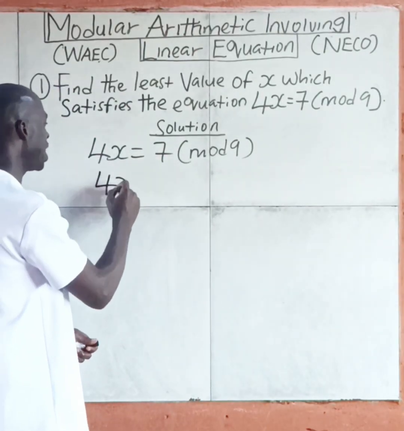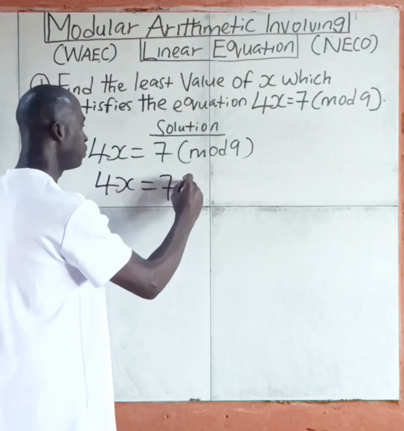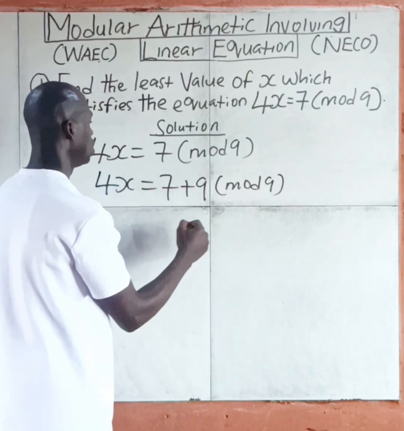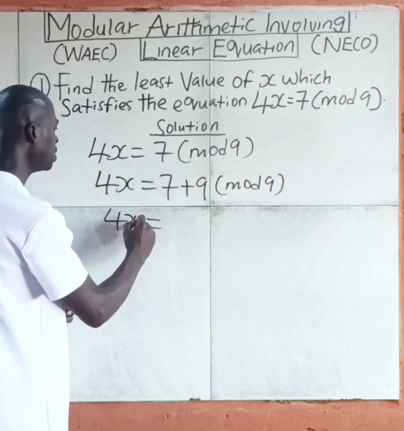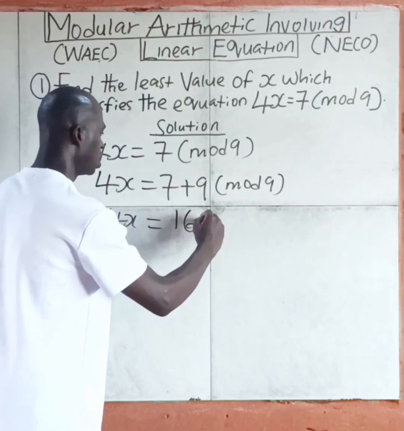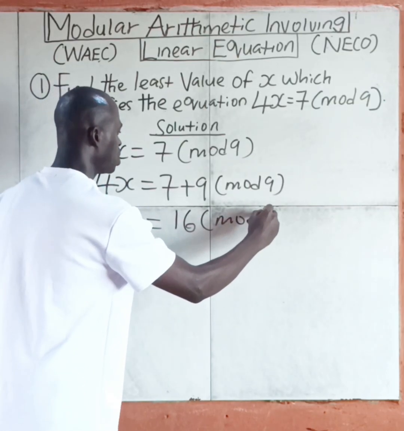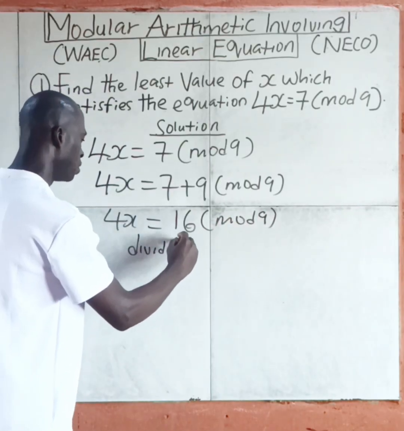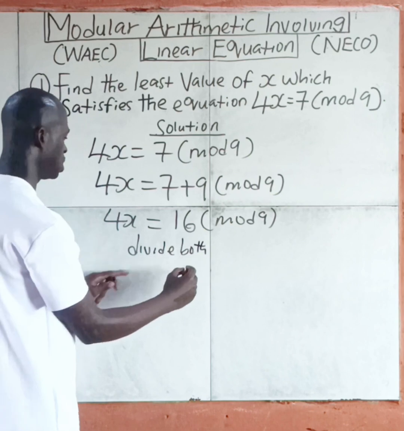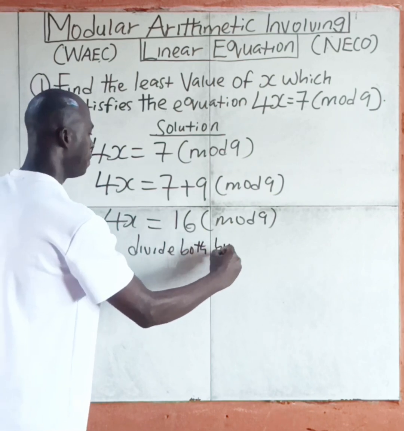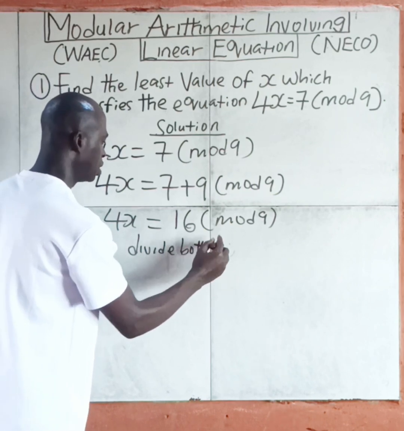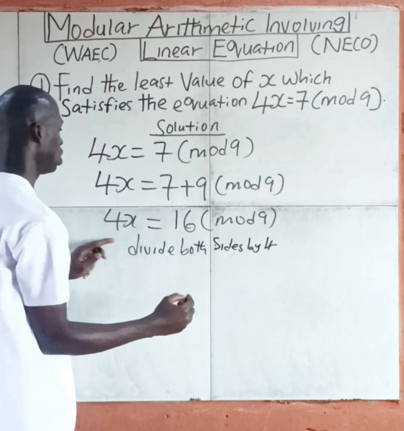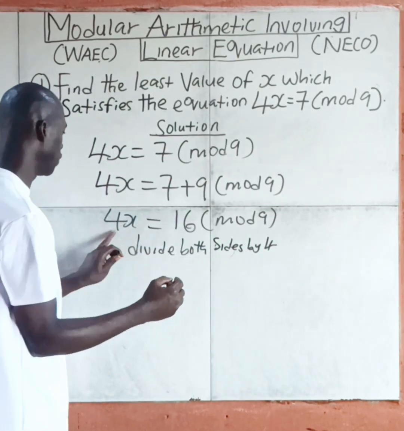You come back here and say 4x equal to 7 plus 9 mod 9. So 7 plus 9 will give us 16. So it becomes 16 mod 9. At the end of the day, you are going to divide both sides by the coefficient of x, which is 4.